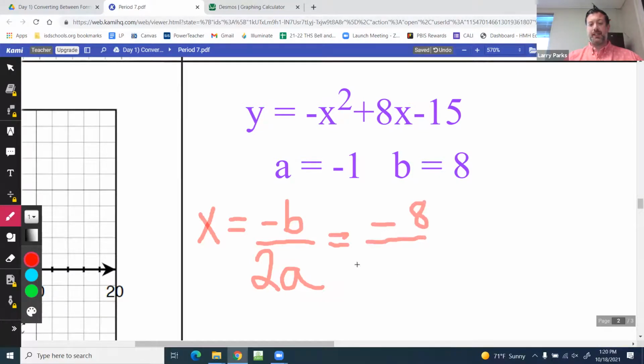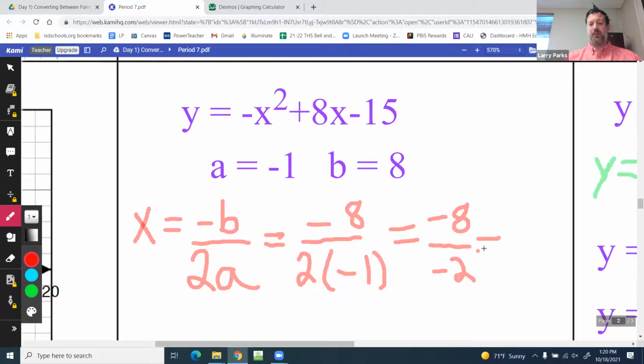And then a is -1. Do the math to get -8, and then 2 times -1 is -2. You take -8 divided by -2, and you get 4.